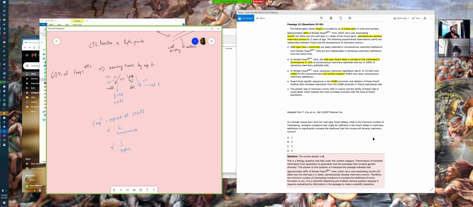X-linked. Wait, what is the minimum number of inactivating recessive mutations that might be sufficient in the FOXP3 alleles in mammary epithelium? To significantly increase the likelihood that this mouse will develop mammary tumors.